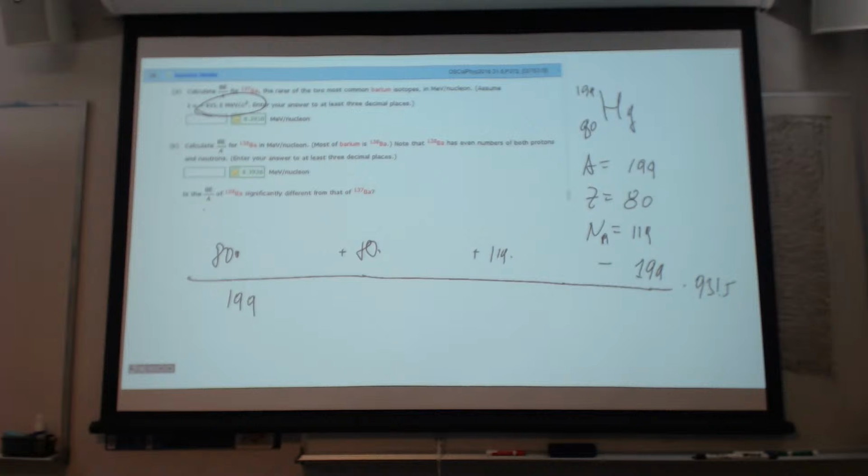Okay, so please read me the mass for a proton. 1.007276.